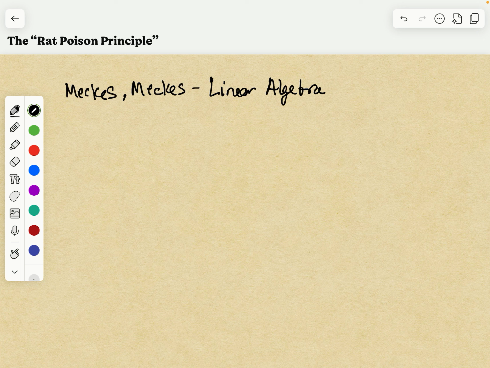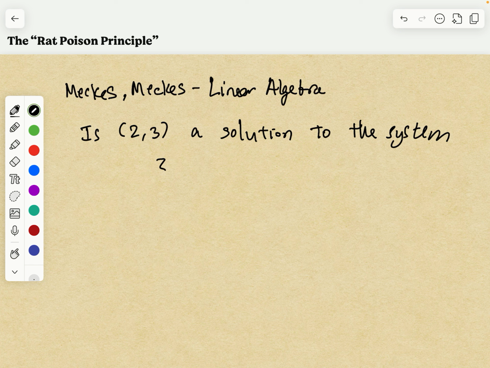And so how is this relevant to linear algebra or math in general? Let's say that you wanted to know, is (2, 3) a solution to the system 3x minus 2y equals 7, x plus 4y equals 9.